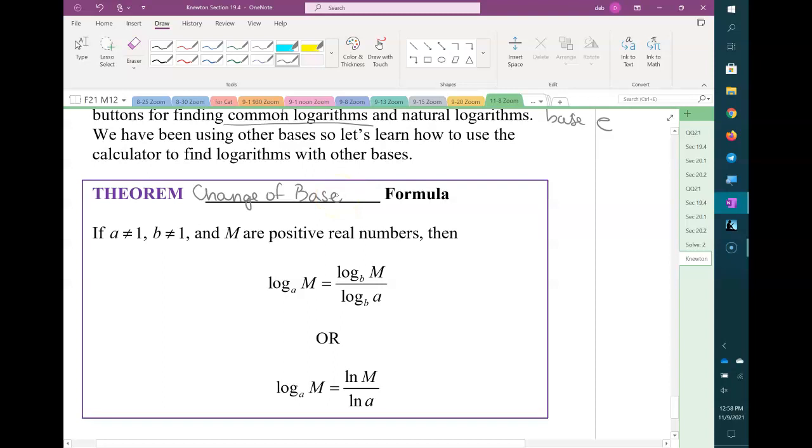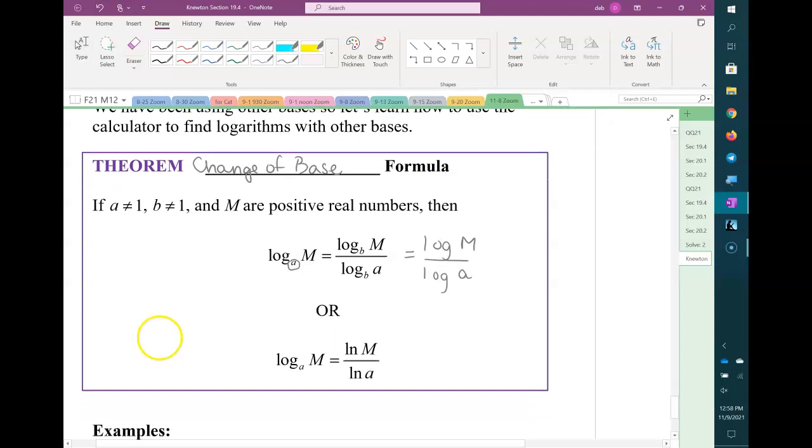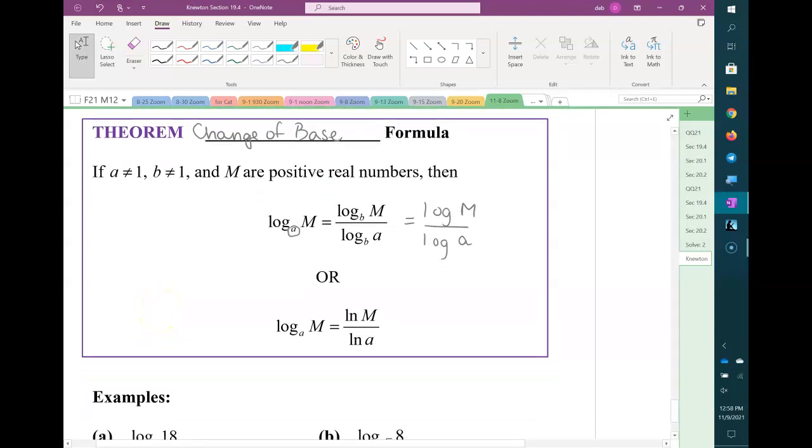It says if you want to find the log in some unusual base of some number m, you can do the log with a base we know, for instance base 10, that we can do on our calculator, of the m, and then you divide it by the log of the base. And you can also use the natural log instead. These are the 2 buttons you have on the calculator.